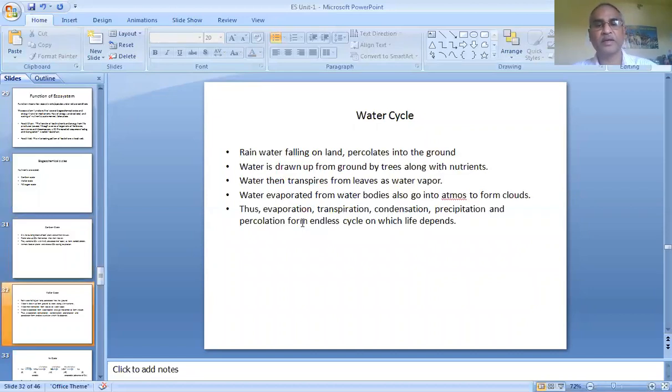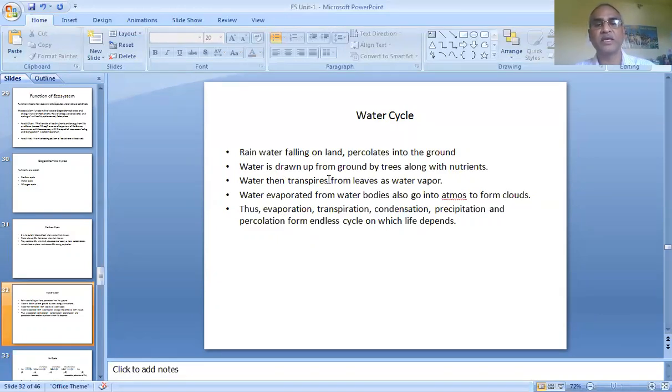And now let me consider water cycle. In water cycle, rainwater falling on land percolates into the ground, and then water is drawn up from the ground by the trees along with nutrients through their roots, and then water transpires from these as water vapor, and water evaporated from water bodies also goes into atmosphere to form clouds.